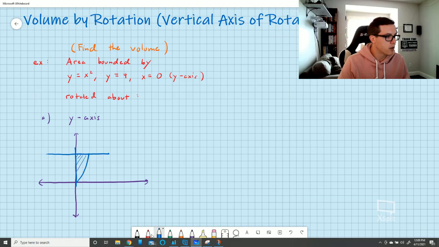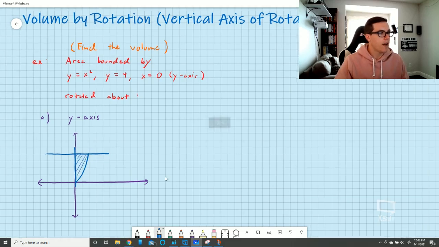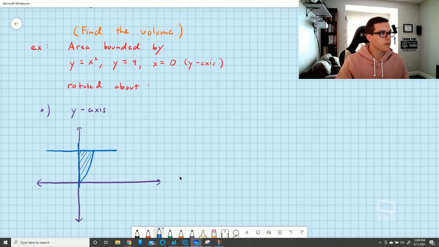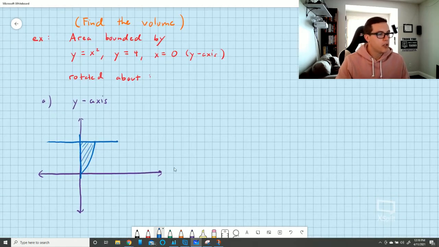So it's this guy. Keep it right there. So step 1 says to graph it, shade it, bounds. From last time, we found the x bounds, so from here to here, and that's always a good idea because sometimes you'll be doing horizontal and vertical rotations. So the x bounds in this case were 0 to 2.